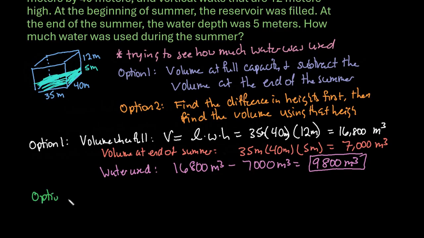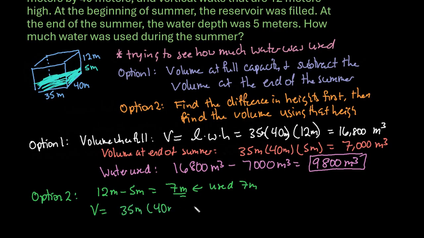Option 2 is to find the difference in the water heights from the beginning to the end. So I would take the 12 meters minus the 5 meters, which gives me a total of 7 meters. So we used 7 meters from the top to the bottom. Then we can just find the volume using the 7 meters. So we would take the 35 meters times the 40 meters and then multiply this by 7 meters.